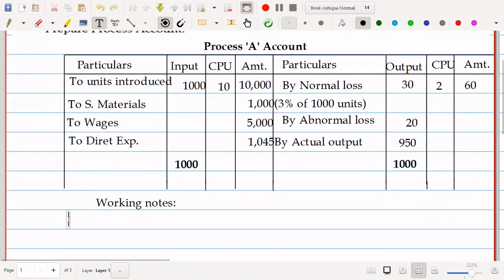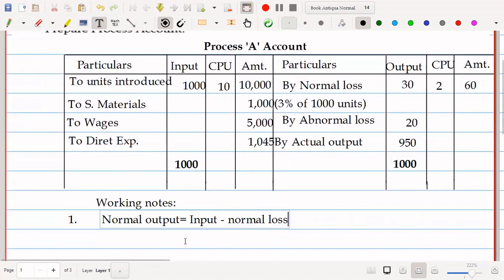The first one will be normal output. Normal output is equal to input minus normal loss.